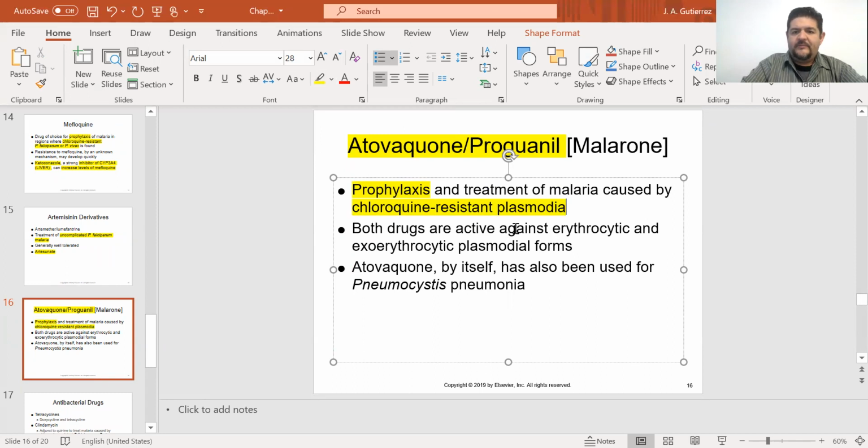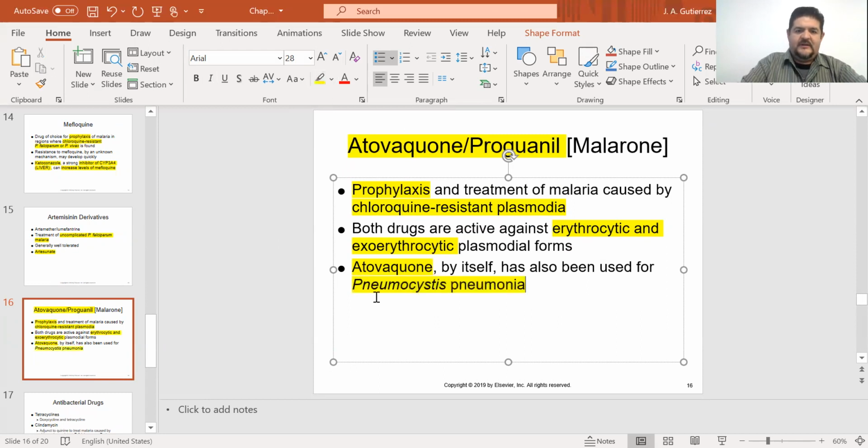Atovaquone and proguanil are very good in the two cycles of malaria, inside and outside the red blood cell. And as a special mention, atovaquone by itself is used in cases of pneumonia for Pneumocystis jirovecii.